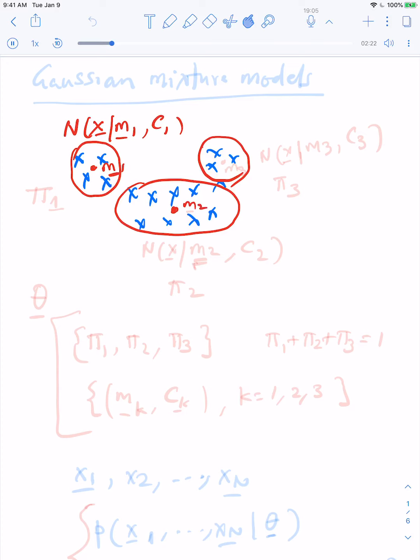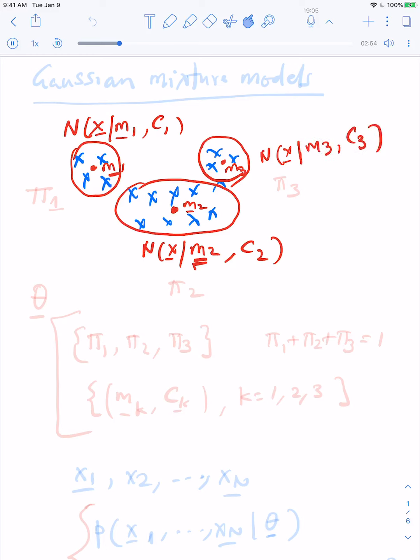This might be M2, N of X given M2, C2, and C2 would not be spherical. It basically has a major axis and a minor axis, so different eigenvalues along the different eigen directions. This one could be yet another one, M3, and this is N of X given M3, C3.